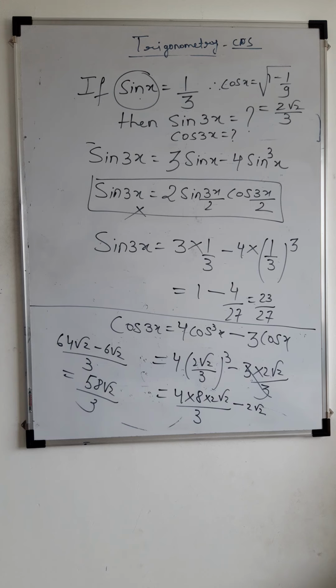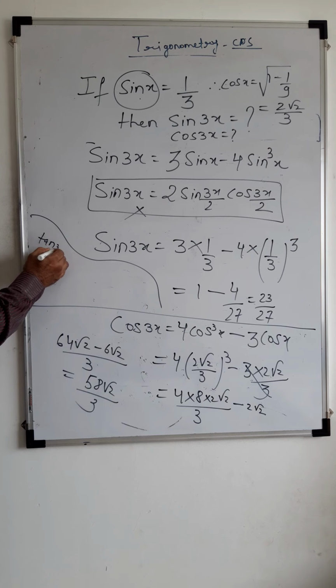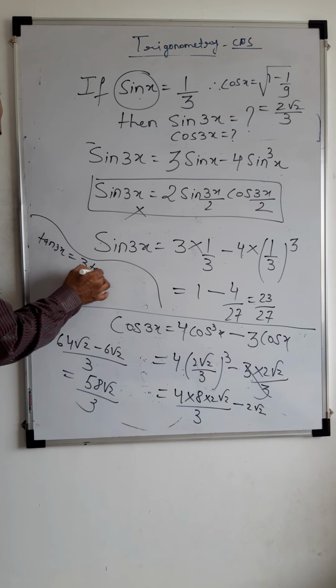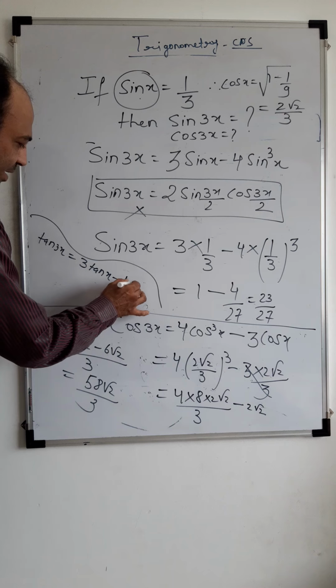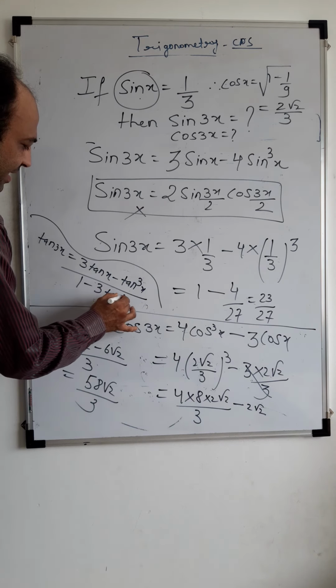So if sin x is given only, you can calculate sin 3x, cos 3x as well as tan 3x also. How will tan 3x come out? Either you apply the formula for tan 3x. If I ask you tan 3x, we know the formula: tan 3x is 3 tan x minus tan cube x upon 1 minus 3 tan square x.